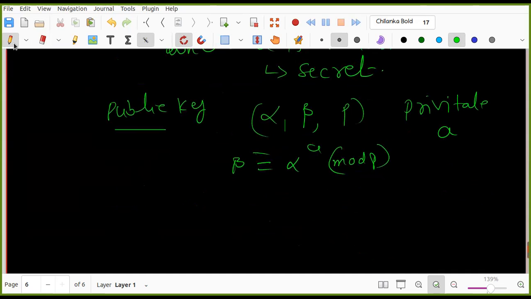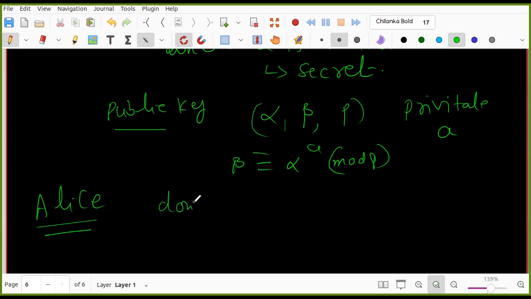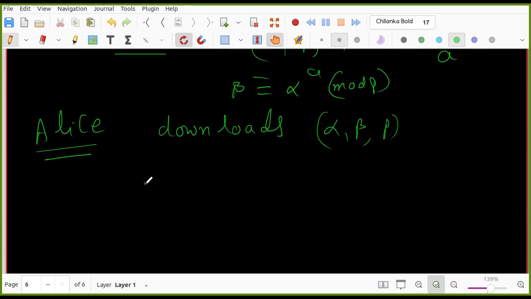Now coming to the encryption scheme, the encryption algorithm. Alice downloads alpha, beta, and p, correct? She does not know a, but no problem. She wants to send some message m. What will she compute? Alice chooses secretly a random integer k.